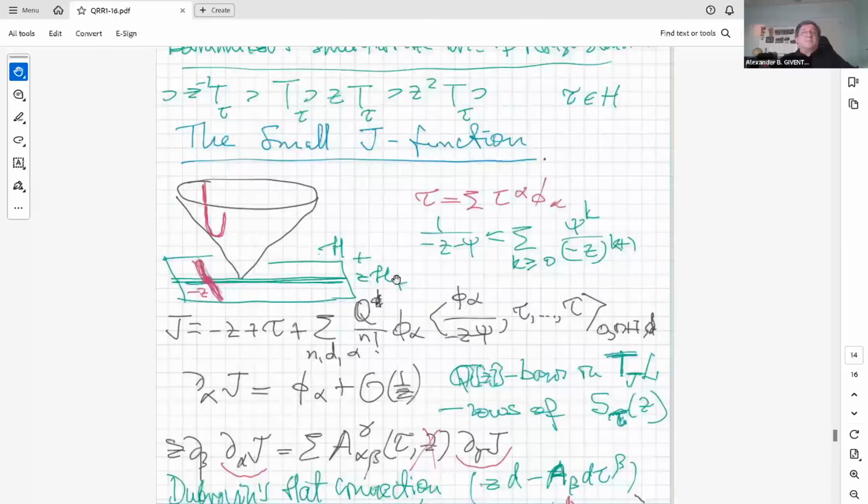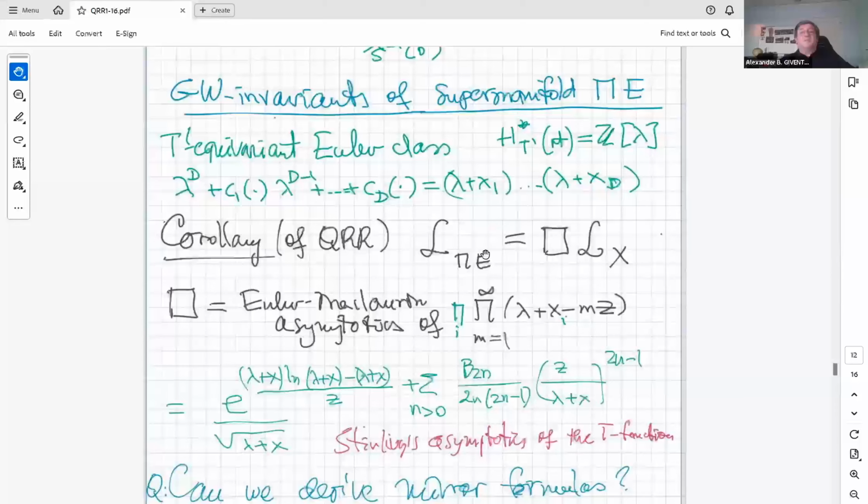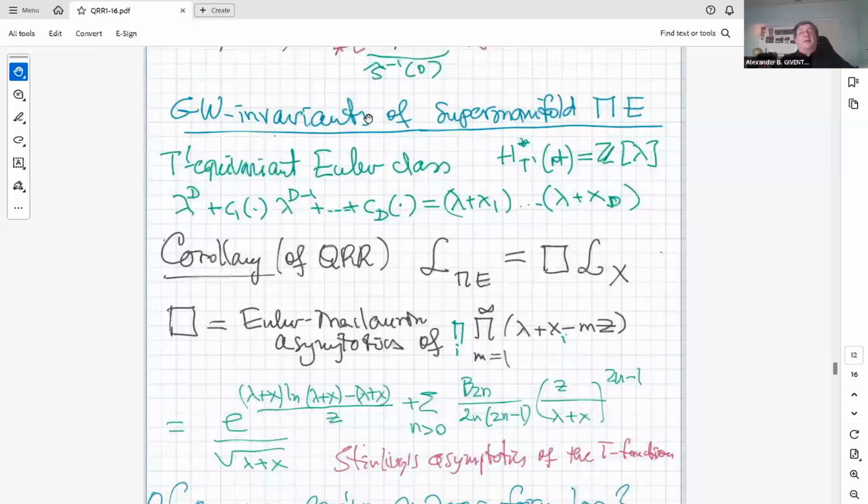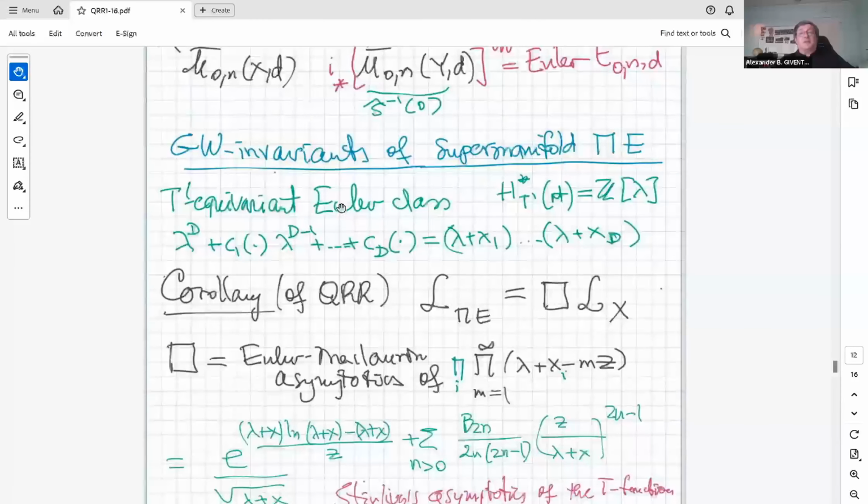So you see what the situation is. We established and formulated this quantum Riemann-Roch theorem, and in the case of earlier classes, found how the theories that we want to know for, say, a hypersurface or complete intersection in the ambient space is related to Gromov-Witten invariants of genus 0 of the space itself.